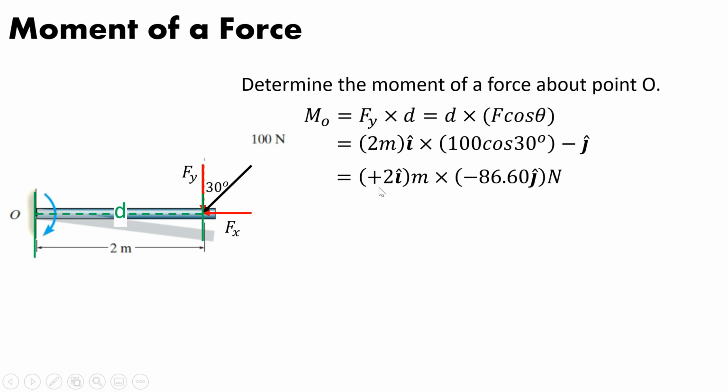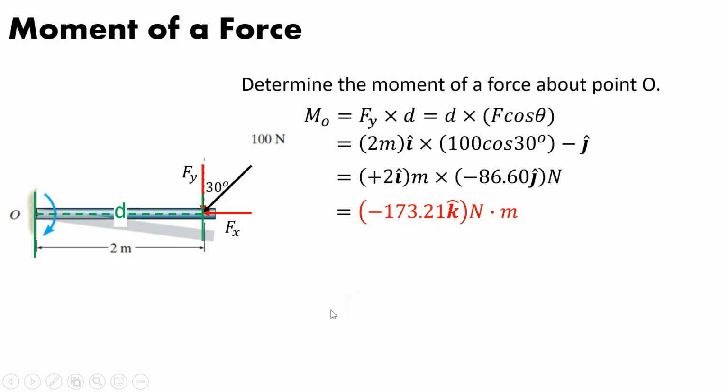If we multiply the values first with the sign, 2 times negative 86.6 is negative 173.2. For the direction, your thumb is on positive i, going to the right, and your four fingers will be going up, so that is positive j. So your direction is outward, so that is k. So that is negative 173.21 k hat. This is now the moment of force due to Fy.